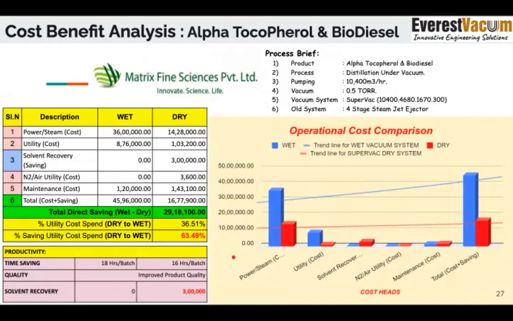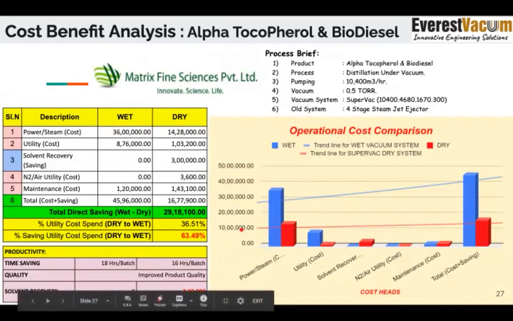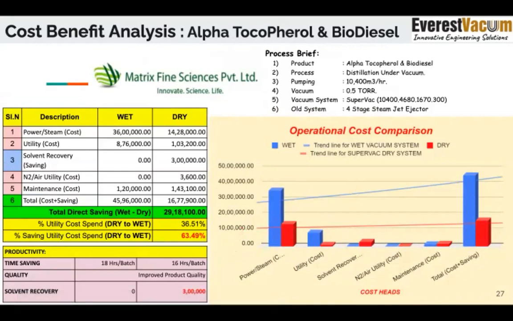Now, similarly, I have again taken another varied example of another field, which is the biodiesel field, where the customer is Matrix Fine Sciences. The product is alpha tocopherol and biodiesel. Here again, distillation is under vacuum. Pumping speed is 10,400 meter cube per hour.